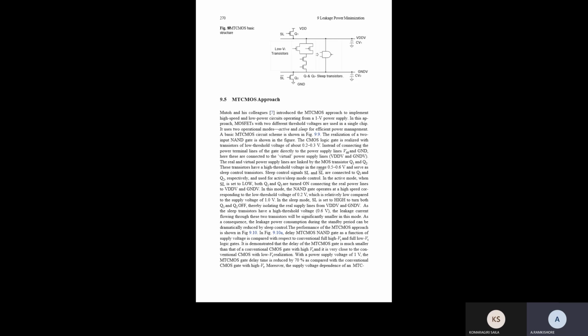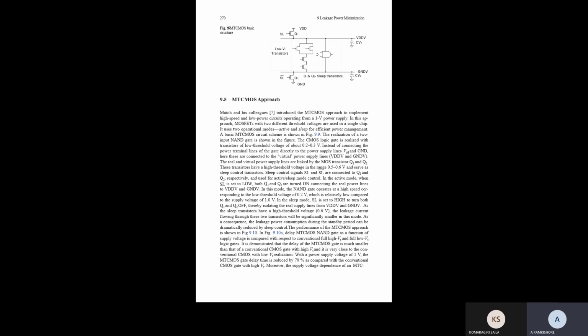For the 0 condition, the P-type transistor will be conducting. For SL bar equal to 1, we are giving a high input to the NMOS, so that transistor will also be conducting. So the entire circuit will be on for the active mode of operation.